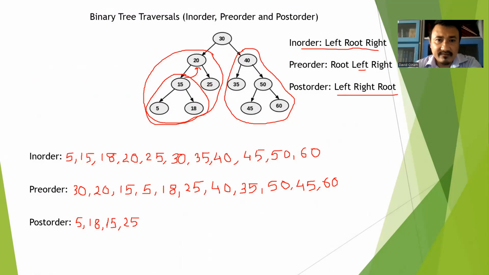From 25, you have to again backtrack to the root node. Left part fully completed, right completed here. Then next is root, 20. You have to write 20 here.